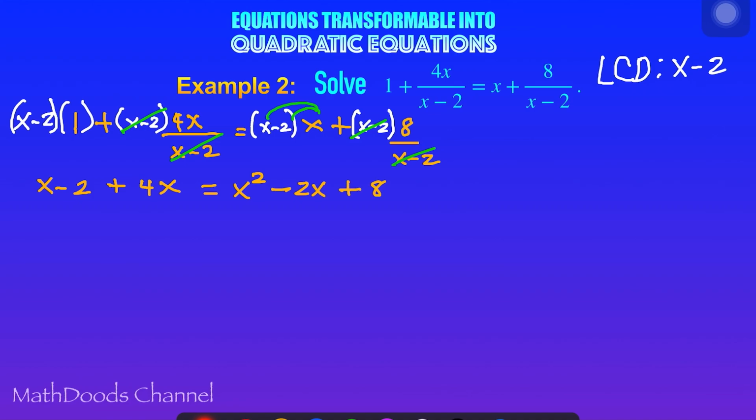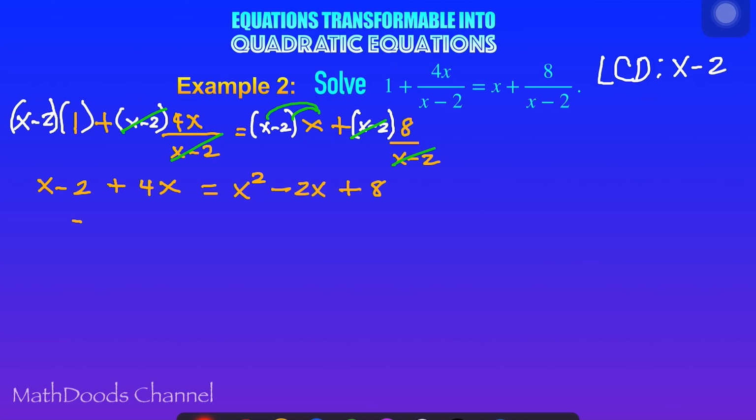Tapos, plus 8. Simplify natin. X plus 4x is 5x. So, negative 2 plus 5x equals x squared minus 2x plus 8. I-transpose natin para ma-equate sa 0.